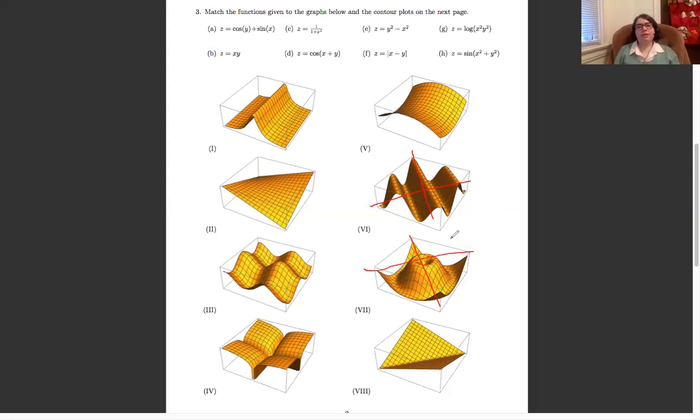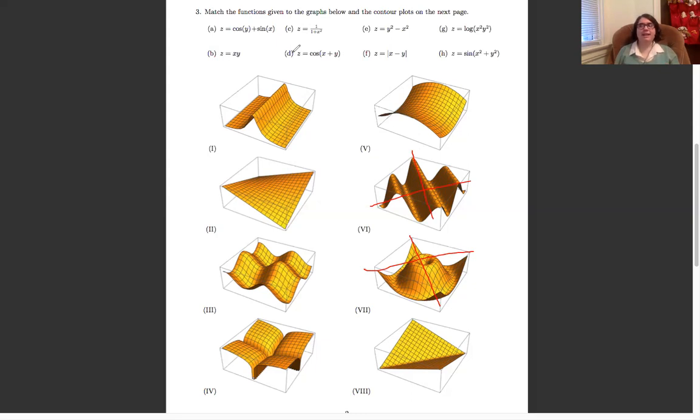Now, the other thing I'm going to look at, what if I set Z equal to a constant? Then I will get a constant is equal to cosine of X plus Y. And again, if I solved that, I would end up getting Y is equal to arc cosine of a constant, which is just another constant again, minus X. So I should get just lines.